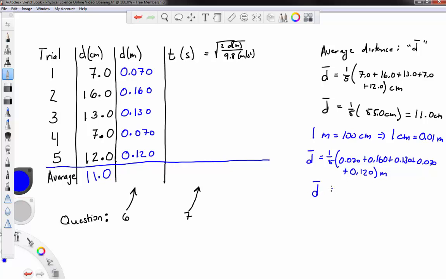All right, so if I do that in the calculator, what I'm going to get is 1/5 of 0.550 meters, or 0.110 meters. Notice also that if I move the decimal place 2 places over here like I did over here, I will get the same answer. So 0.110 is the answer in meters.